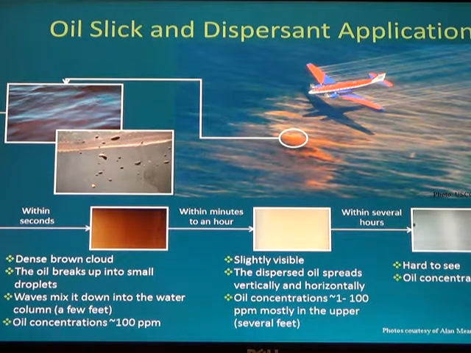And then within several hours, you're not going to hardly see anything at all. It's going to be very hard to see, and your oil concentrations are going to be less than 1 part per million. So it happens fairly rapidly as it disperses and moves vertically and horizontally into the water column.